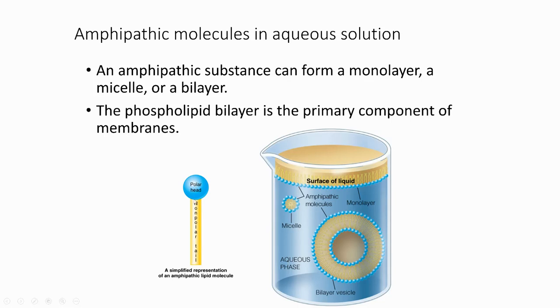They want their hydrophobic parts to clump together, so the hydrophobic tails face each other, and then the polar heads face the water. We will talk more about this when we do our section on lipids.